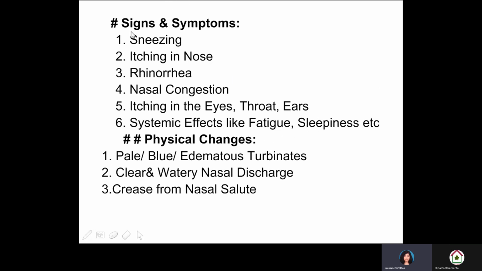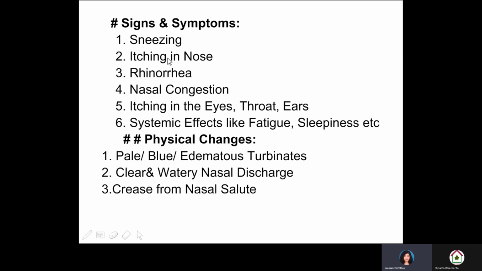Now we will see the signs and symptoms. Among the signs and symptoms, sneezing is the most common symptom. Okay, so a person who is having allergic rhinitis will keep on sneezing frequently. Okay, itching in nose.